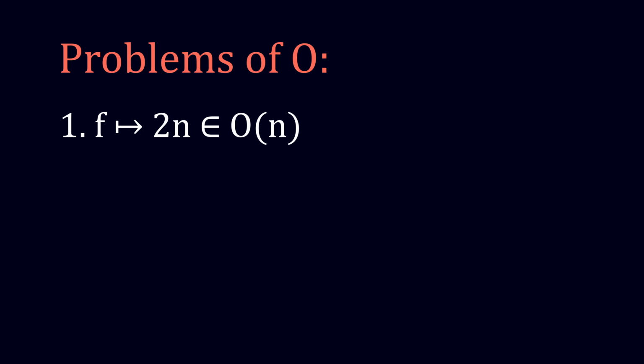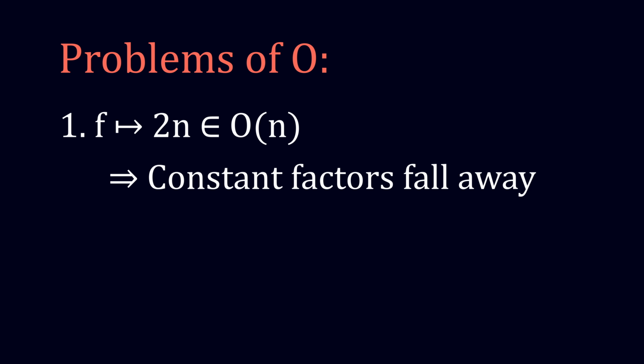The function 2n is an element of O of n. We can just set c to 2 or 3 or whatever integer above 2 and it will be an effective upper bound. This means in big O notation, constant factors are negligible and are thus often removed from final runtime analysis.